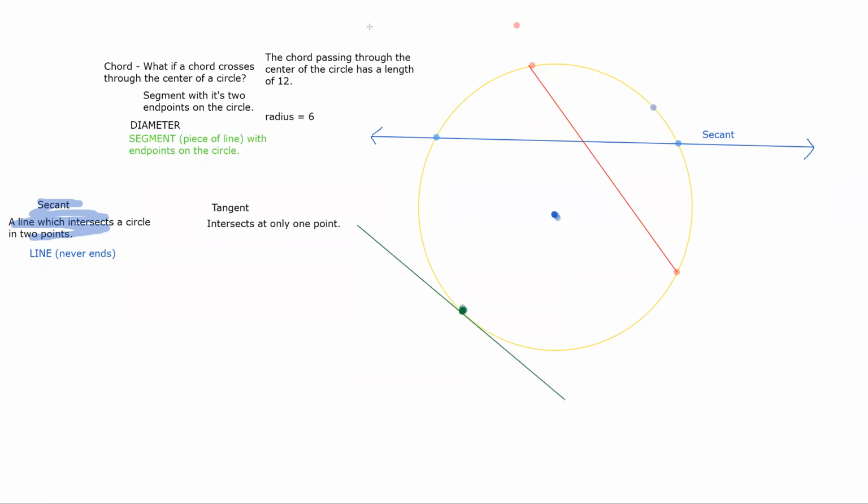And that is what a tangent is going to look like. The line could be a segment, could be a ray. The point is it only intersects at one point, touches the circle one time, right there. That is your green one. That is a tangent.